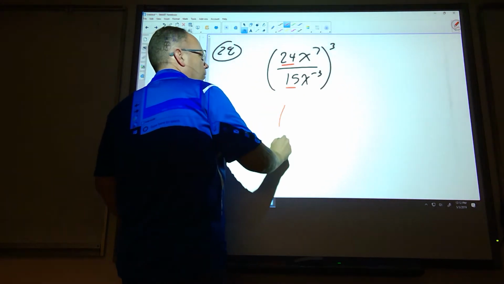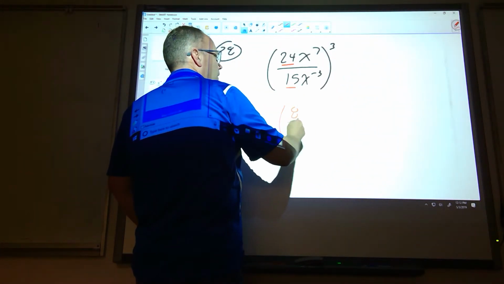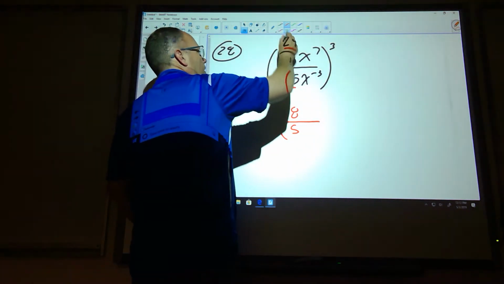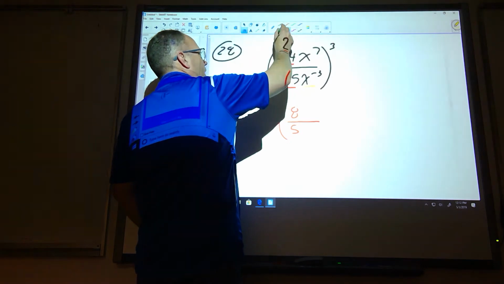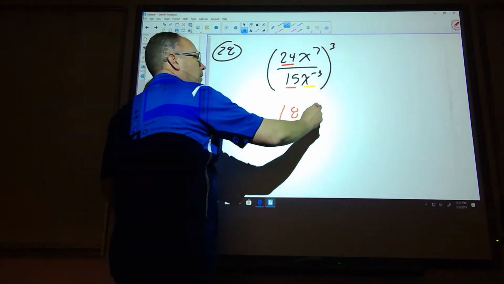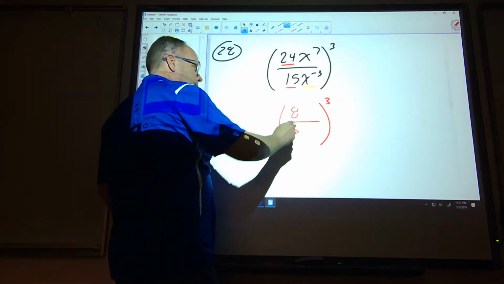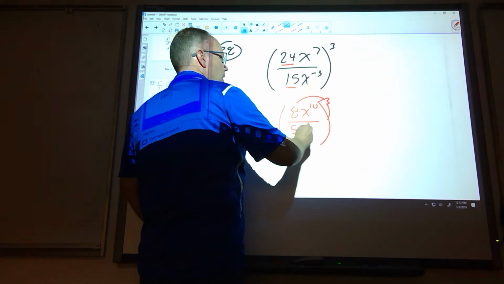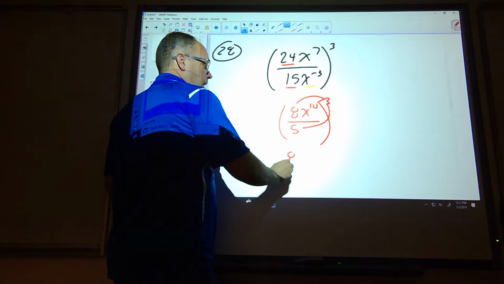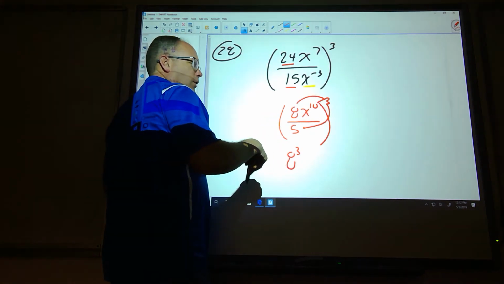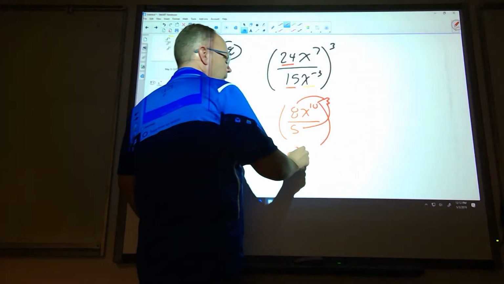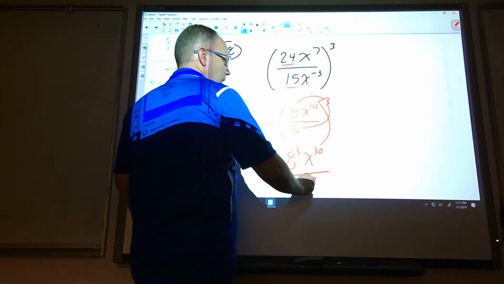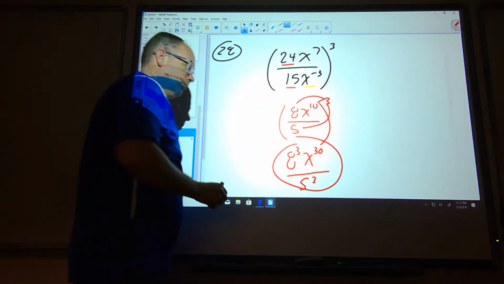I think 3 goes into both of them. Is that okay so far? And then this wants to move up, so how many x's are up on top now? 10, good. Distribute that here, here, and here. So I get 8 to the 3rd, and I'd leave it as 8 to the 3rd. I mean, it comes out to 512, but don't worry about that. And then x to the 30th, and 5 to the 3rd. Yes, you could make that 125, but you don't have to.